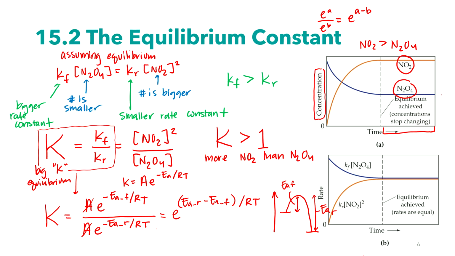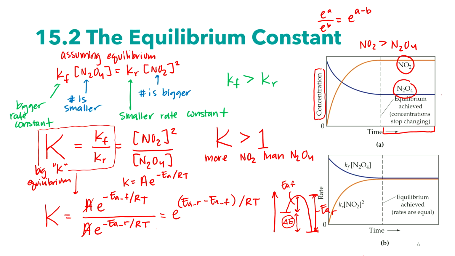If I take Ea reverse minus Ea forward, does anybody recognize what that energy difference is? That's the energy difference between my reactants and products. This distance minus that distance gives me delta E. So whether this is an exothermic or endothermic process is really going to dictate the size of K.